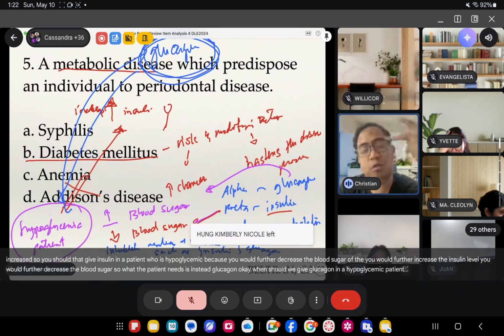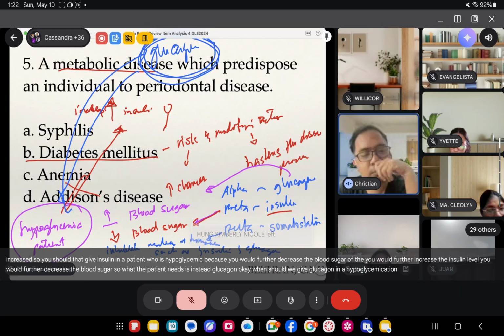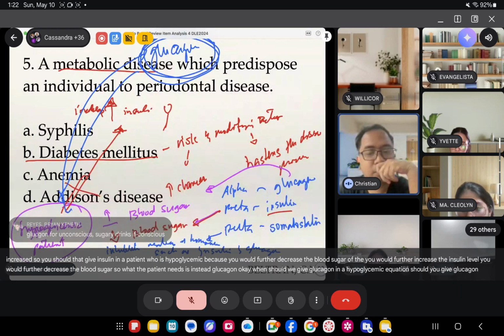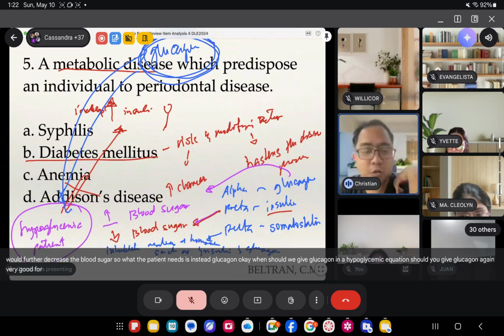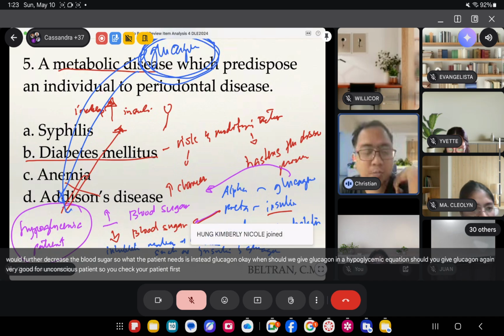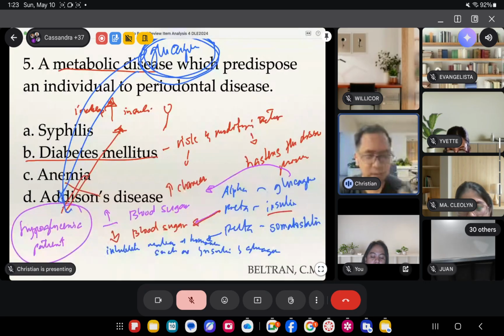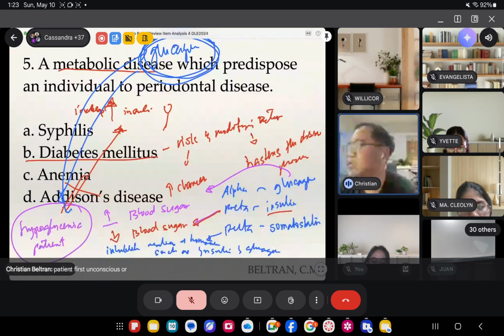Let's say you're performing your odontectomy case. With a hypoglycemic patient, would you give glucagon? Very good, for an unconscious patient. So you check your patient first, unconscious or conscious.